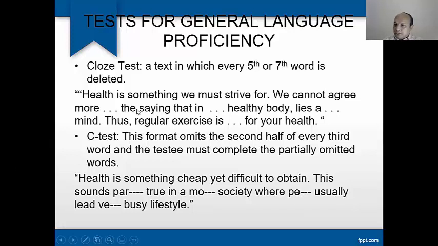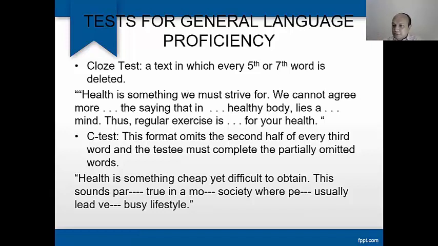And one test which is aimed to measure general language proficiency is called the cloze test. The form of a cloze test is a text in which every fifth or seventh word is deleted. And the test takers have to write down the missing words.